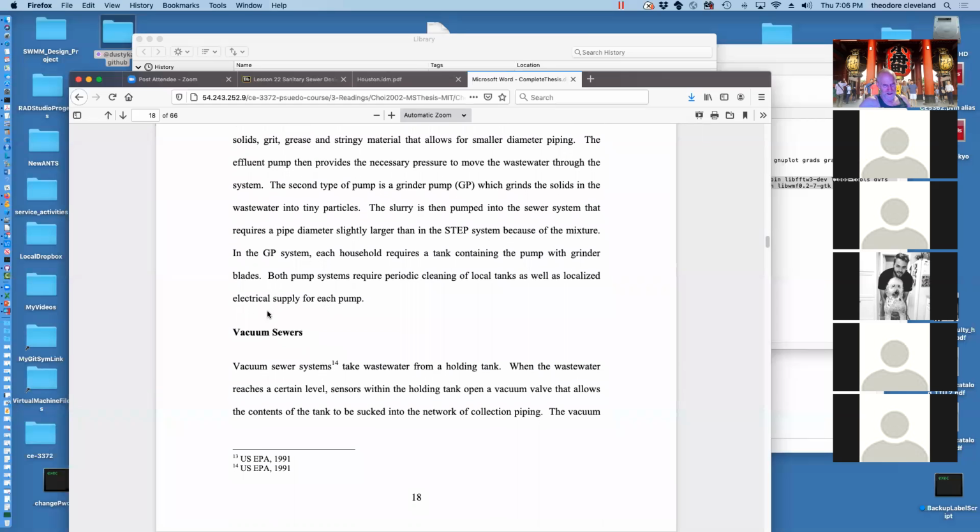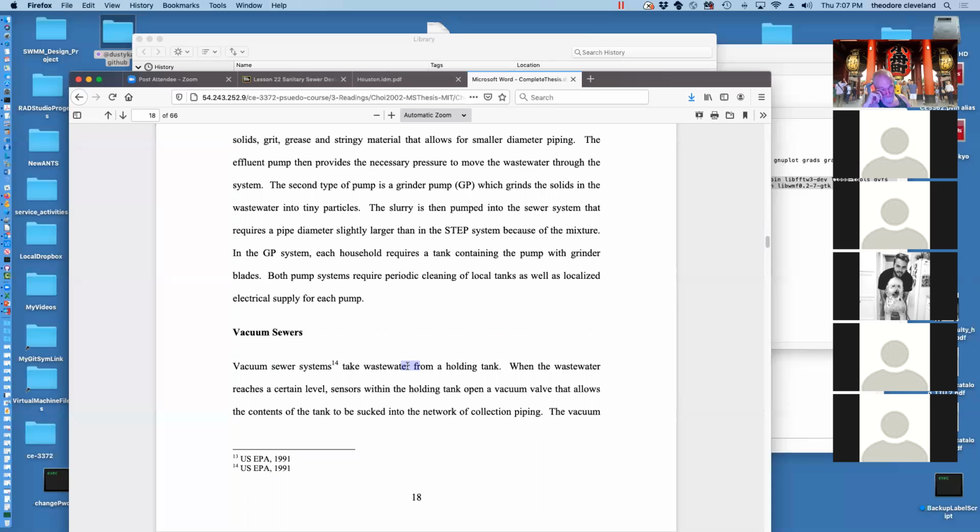Similar to a pressure sewer is something called a vacuum sewer. A vacuum sewer temporarily stores wastewater in a holding tank. When there's enough waste, the holding tank is opened and the sewage is sucked into the system. These are not high vacuum.